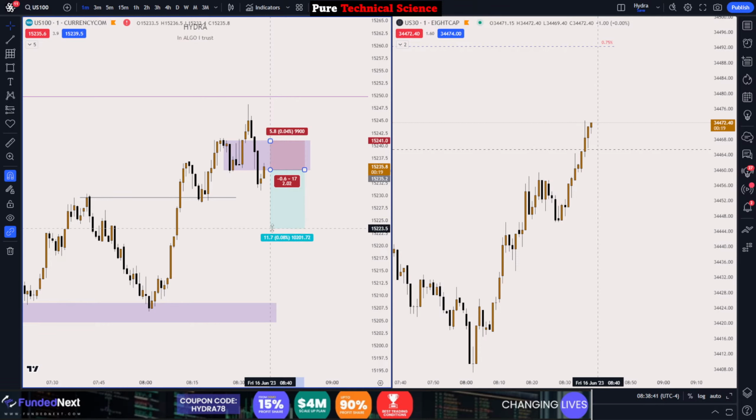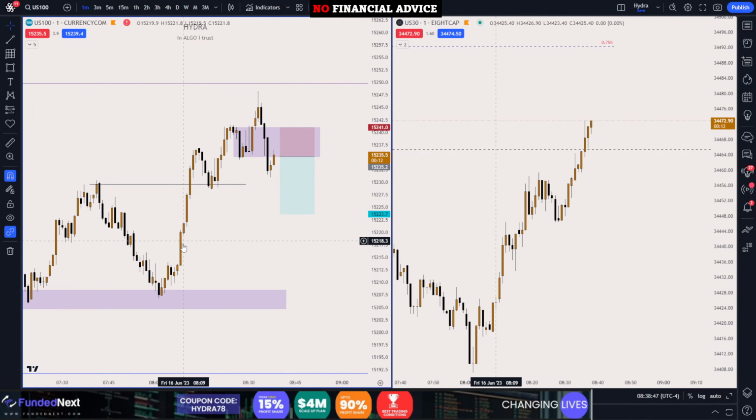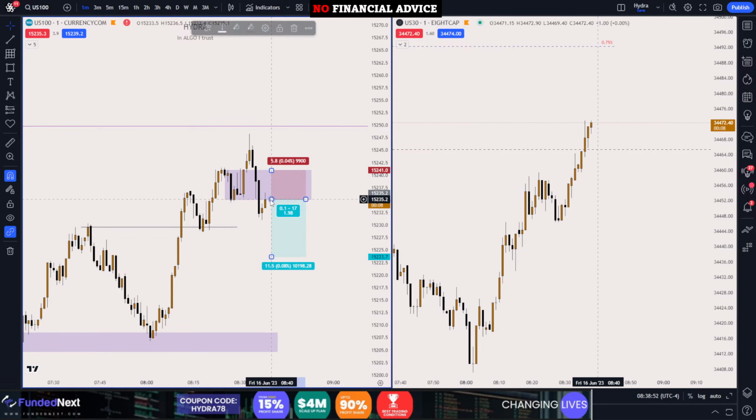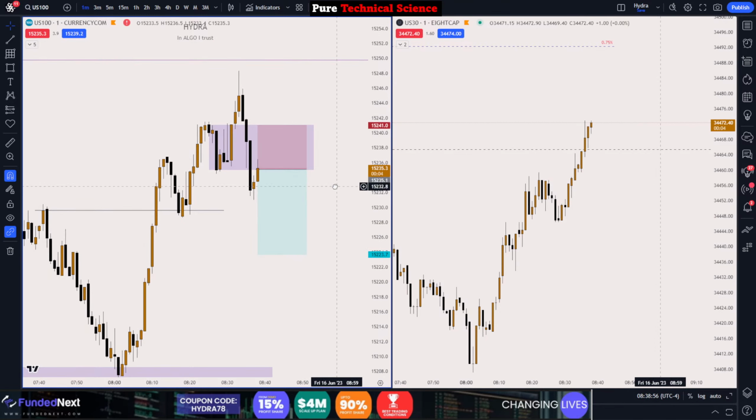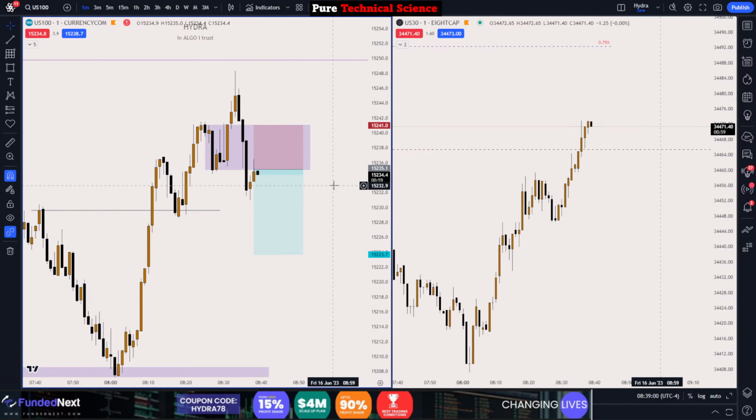So 2R, do you guys see how easy it is to get a 2R from a breaker block setup, right? I don't need to target all the way down here in this unfilled fair value gap for price to make me profitable. That's why whenever you guys think, okay, I'm bullish, I see dollar bearish, I'm gonna be bullish throughout the whole session.